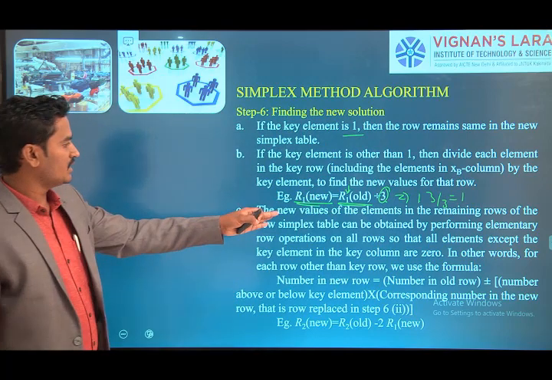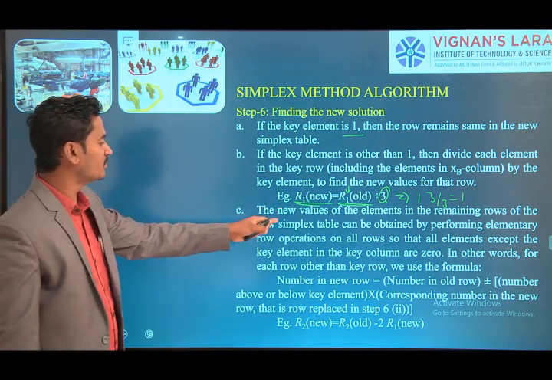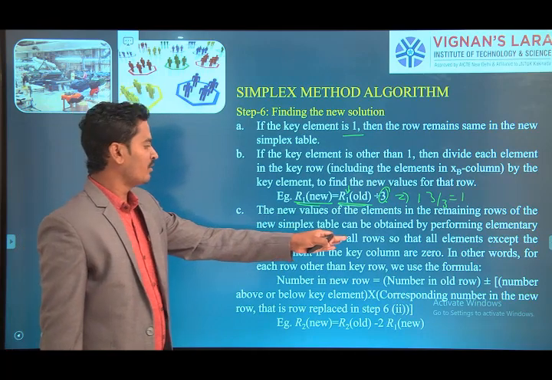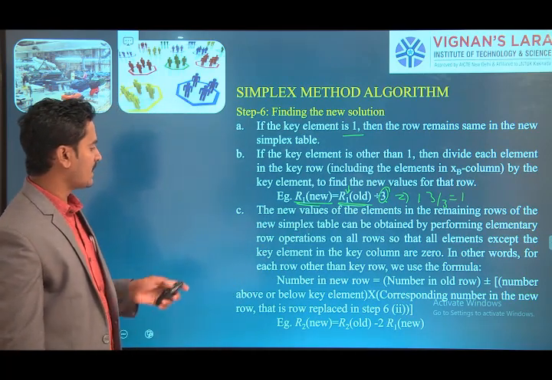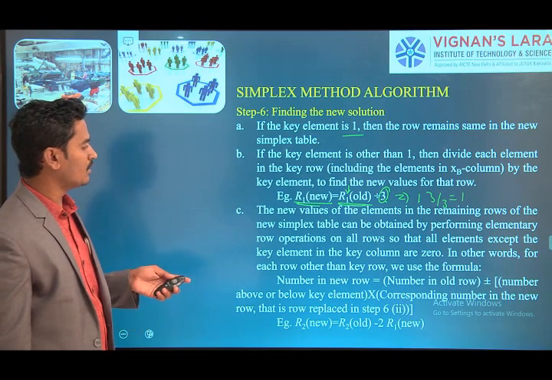The new values of the elements in the remaining rows of the new simplex table can be obtained by performing elementary row operations on all rows, so that all elements except the key element in the key column are 0.